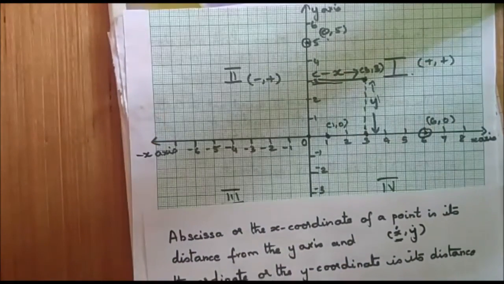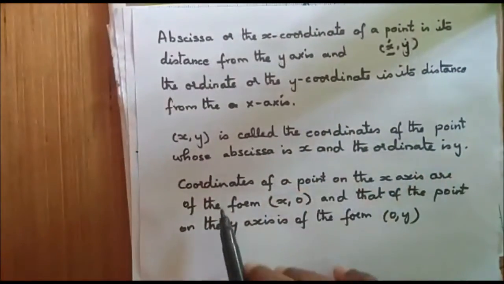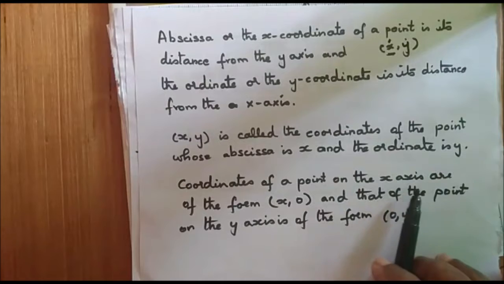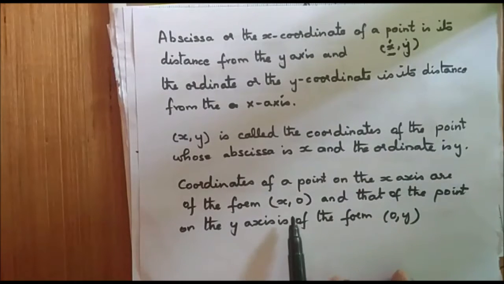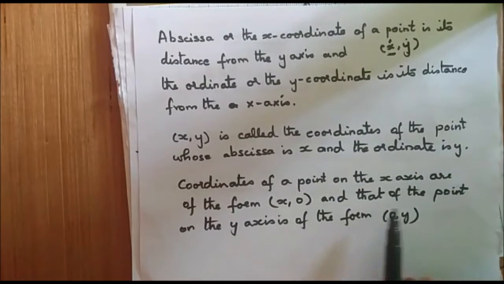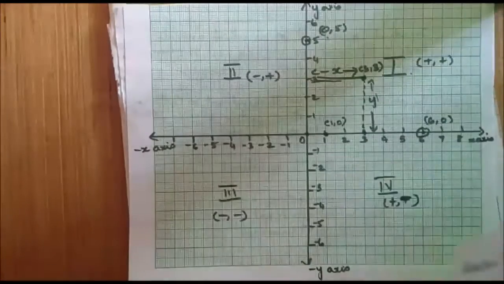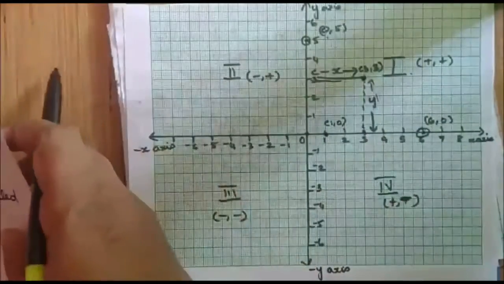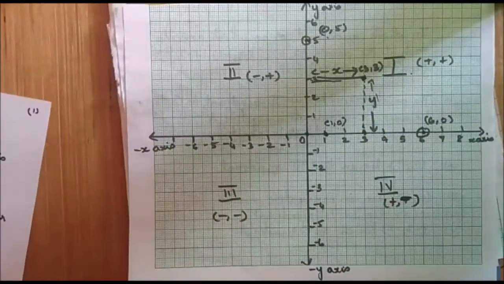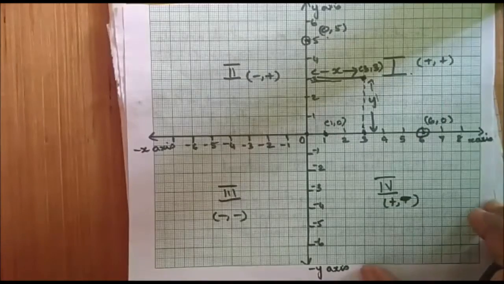This is all you have to understand. The coordinates of a point on the x-axis are of the form (x, 0), and that of a point on the y-axis are of the form (0, y). These are the properties of the Cartesian plane which you have learned now.